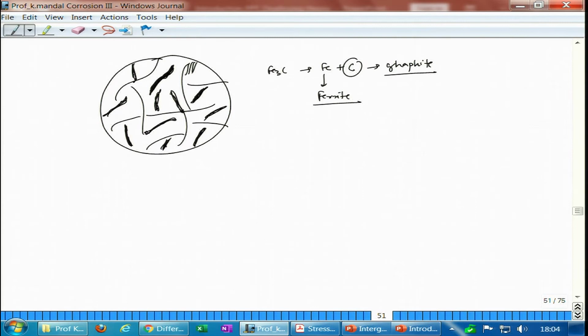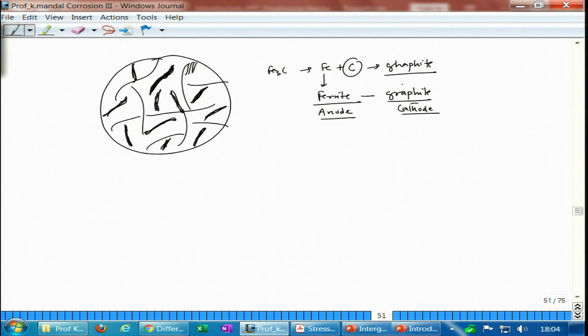Because in this particular case, this acts as anode and this acts as cathode.